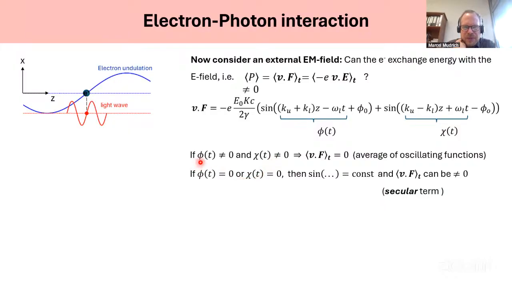If both these phases, the phase phi and the phase chi, are unequal to 0, this would mean that we would have a sinusoidally varying function as a function of time, both for this term and for this term.